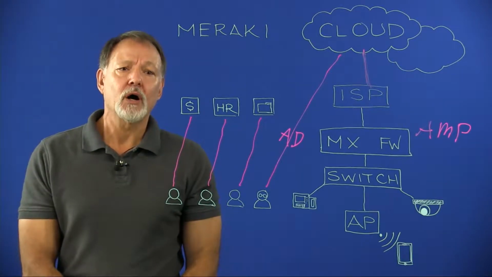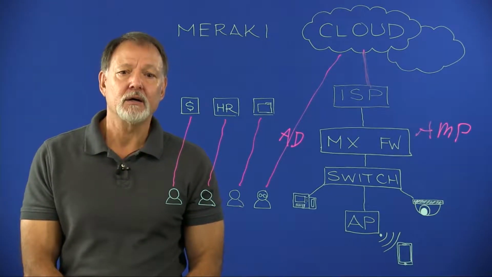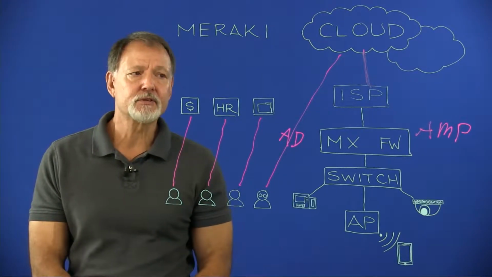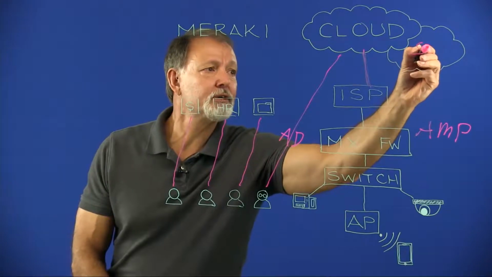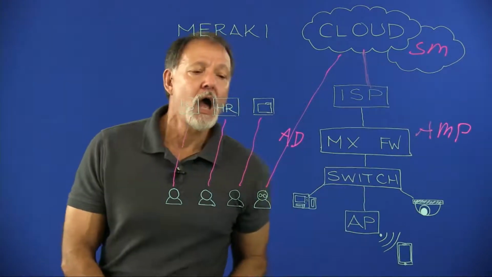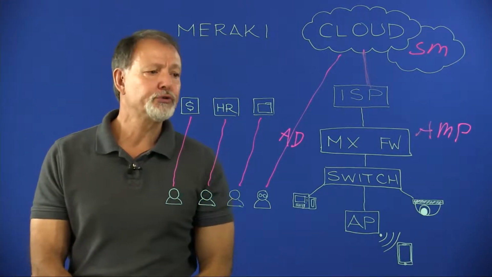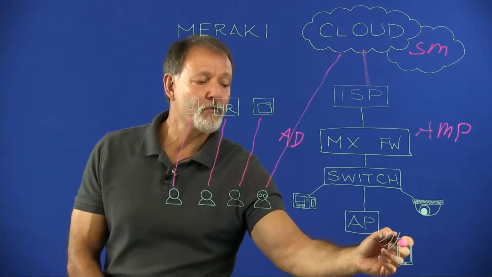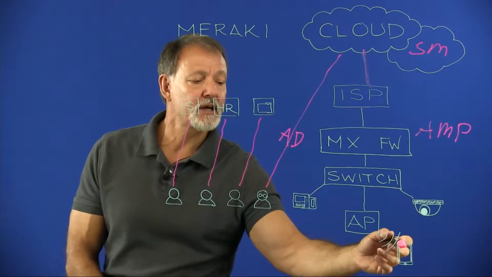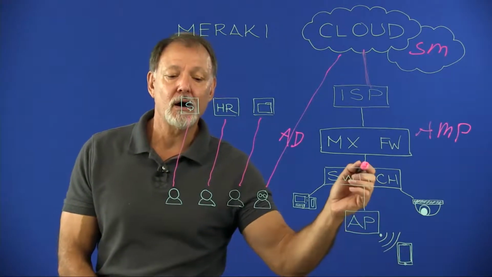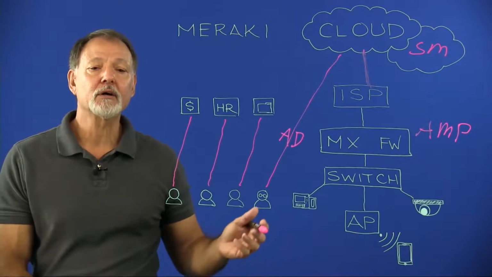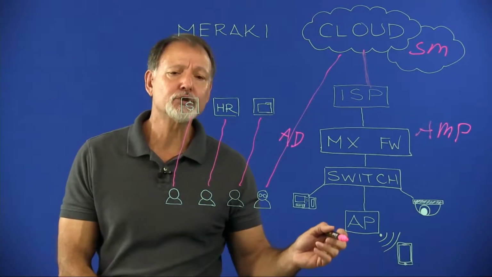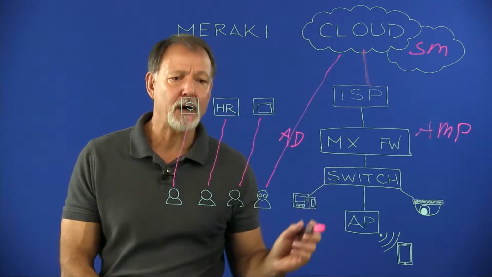But when it comes to your employees bringing their personal devices into the network, Meraki solves this issue with their System Manager. What the System Manager allows you to do is to control and provision devices that are coming onto your network, whether they be Apple products, whether they be Android products, smartphones, iPads, and it allows you to provision them with your security policies.